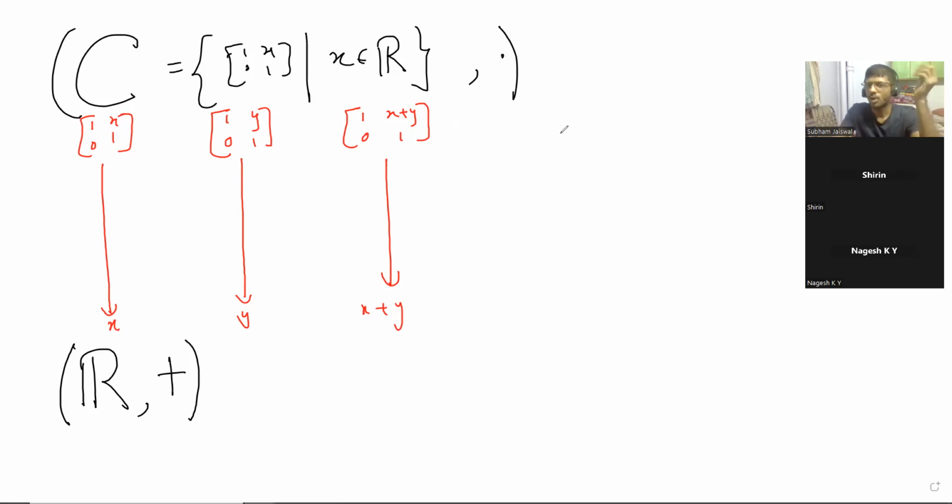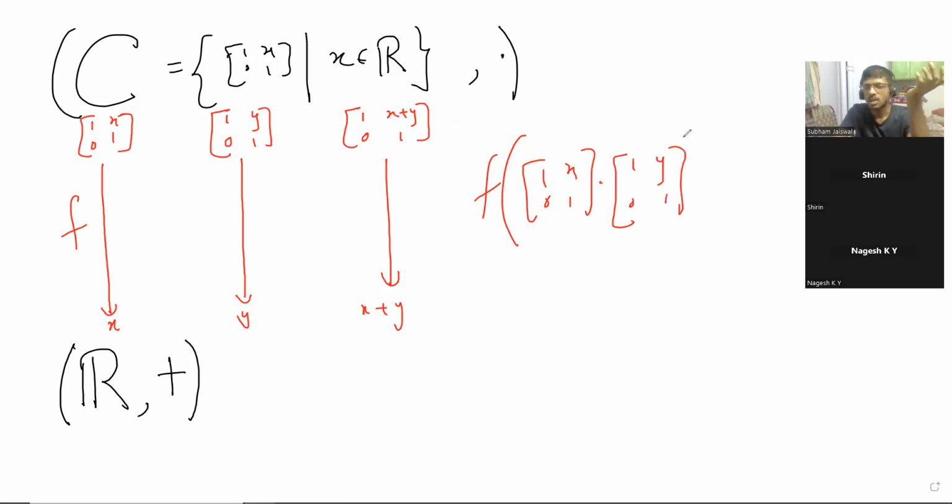Yeah, Shirin, you may recall, this is the kind of a group homomorphism. It's a homomorphism, right? From this collection to this collection. So f of this thing, it is very important to understand from this. You will see some people are very good at matrices. If you see them as numbers, that's what we are doing in this case, life becomes easier.